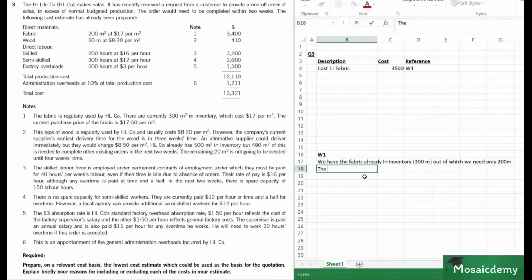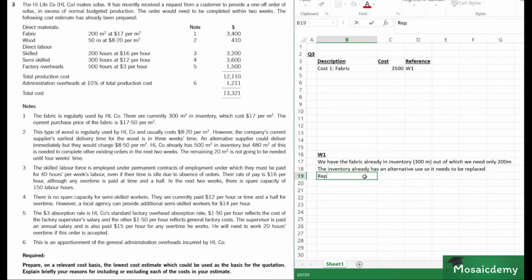The inventory already has an alternative use. Use buzzwords like that. So it needs to be replaced.